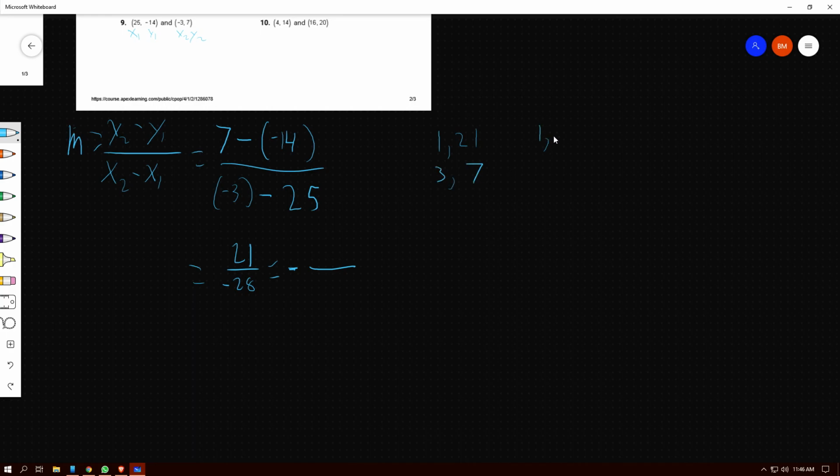Then 28, I have 1 and 28, 2 and 14, 3 doesn't work, and then 4 and 7. Well, they have a 7 in common. So this is really 3 times 7, and this is 4 times 7. And I can cancel that 7 out. So what I really have is a negative 3/4 as my slope.